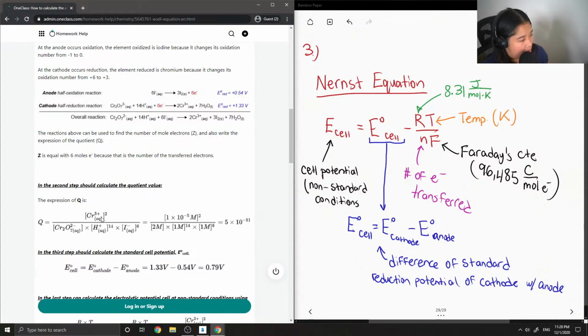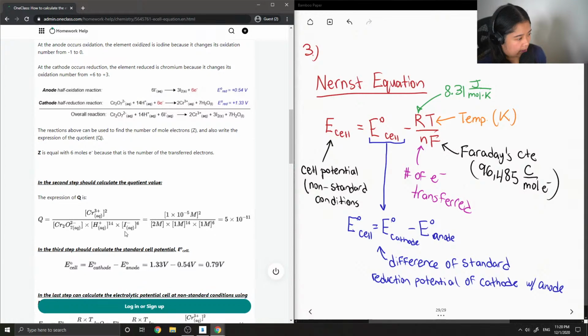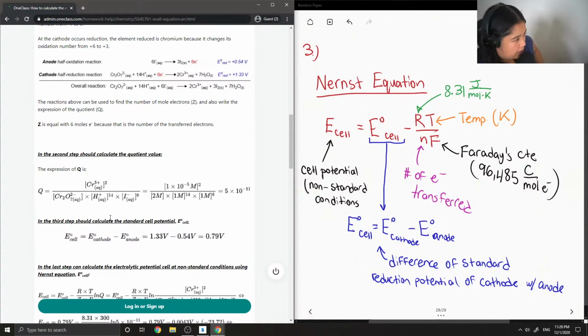So they have the... notice how they're only using the ions that are involved, and when you have pure substances like solid and liquid, so in this case the iodine and the water, these aren't included in the expression of Q. So it's going to be products over the reactants. So the only product here would be the chromium 3 plus, and the reason it's to the power of 2 is because in our balanced chemical equation there is a coefficient of 2.